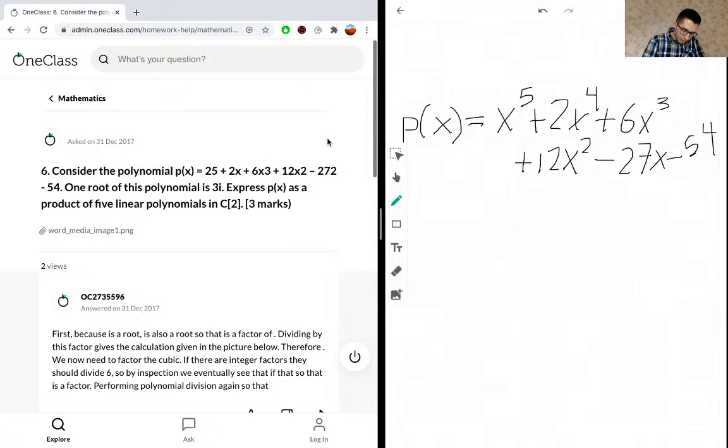So we know we have x plus 3i and we have x minus 3i.